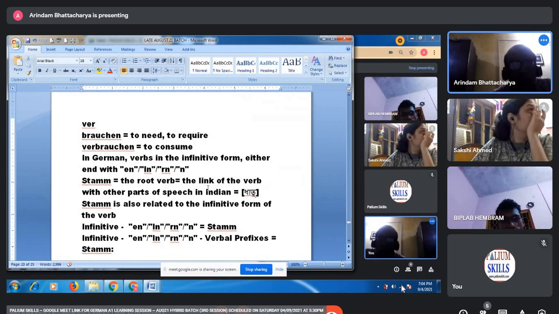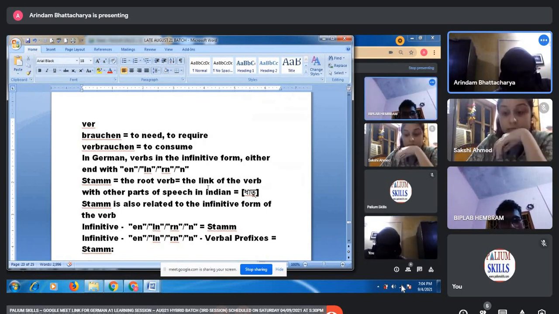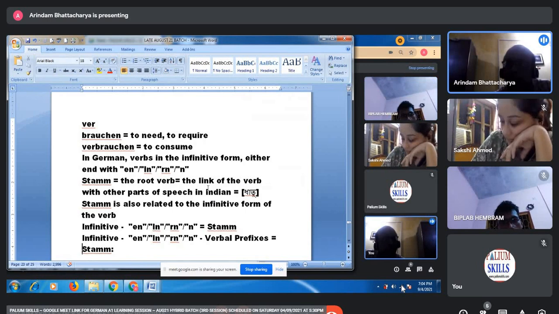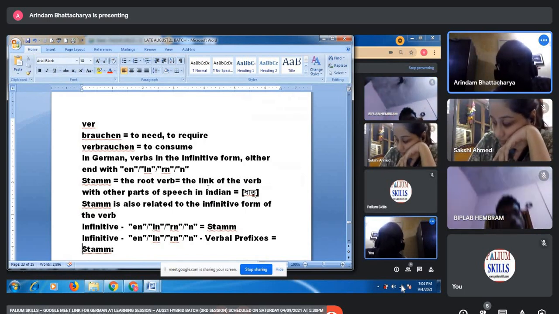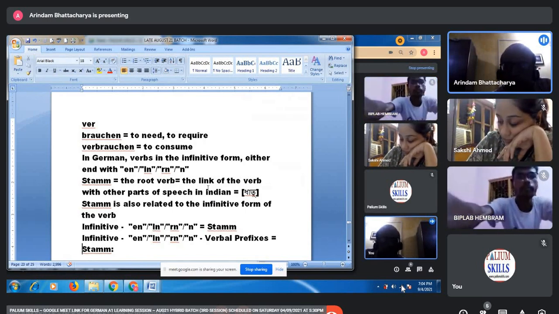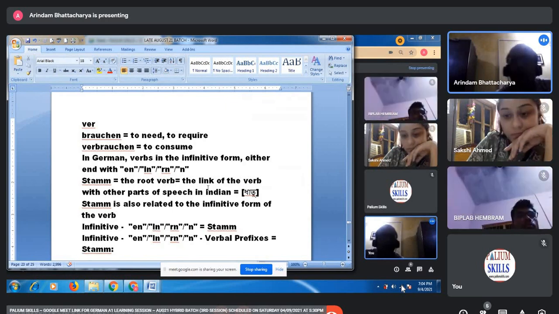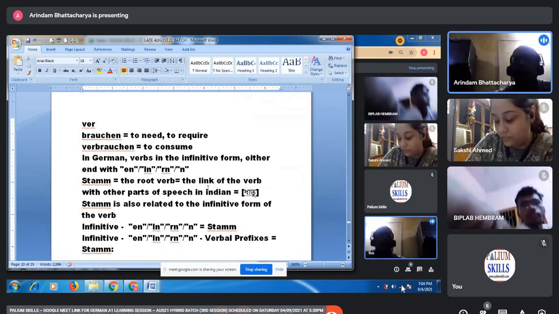So this dhatu conception is there in every Indian language. For every verb we have this dhatu. From kru comes the word karna.